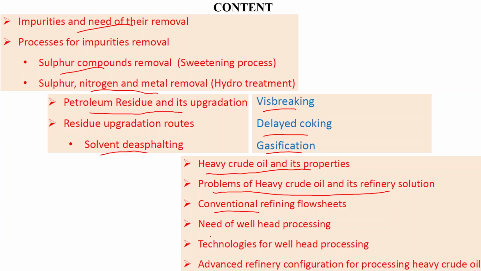Then the modified refining configuration, we will be talking about how modifications are done in the various refining flow sheets, various refining procedures, for easy purification of this heavy crude oil and for easy extraction of valuable products from this heavy crude oil.